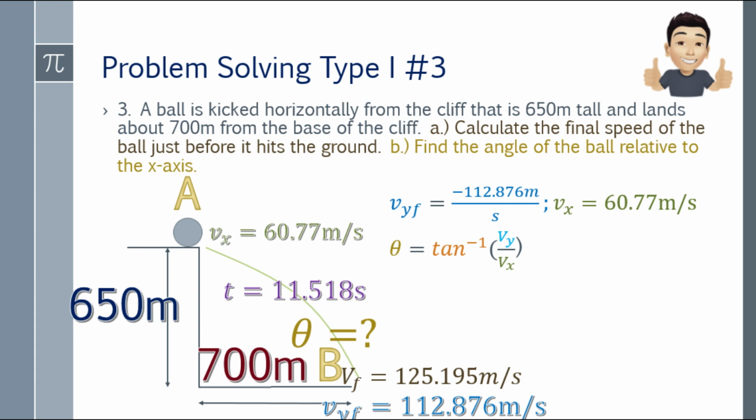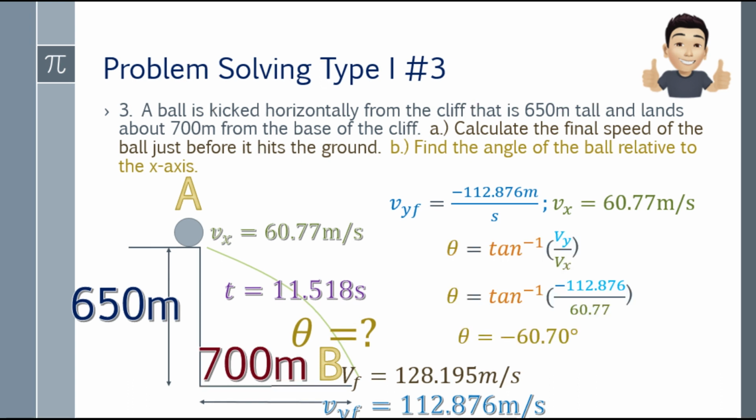Alright, next one. Find the angle of the ball relative to the x-axis. So we have the formula, arctan or inverse tangent of Vy over Vx. So lalagyan natin siya as is. Arctan of the quantity negative 112.876 over 60.77. And the answer will be negative 60.70 degrees.